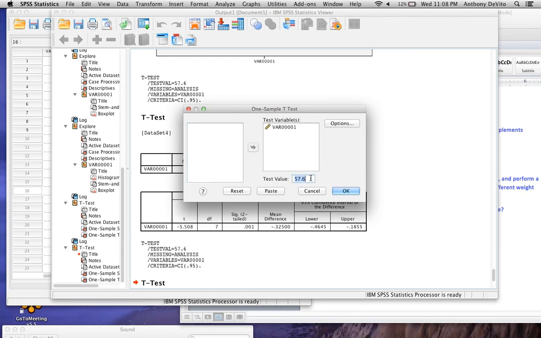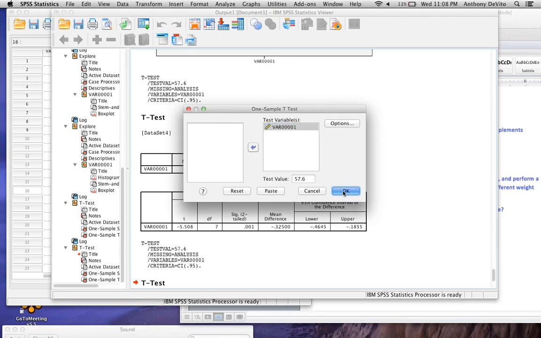This is what we think our population mean is. That's our null hypothesis, that mu is equal to 57.6. The mean for our test variable was 57.25 approximately. That's our x bar.